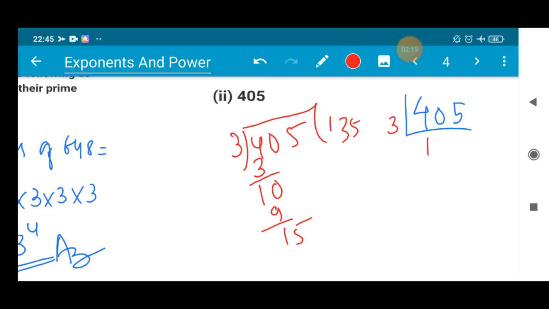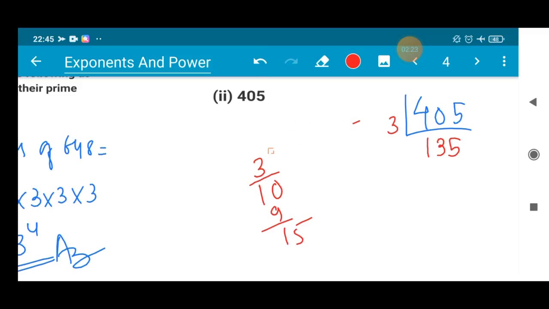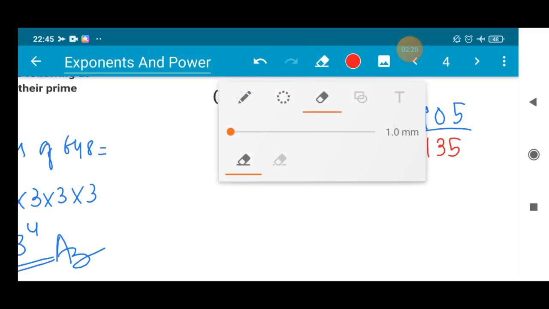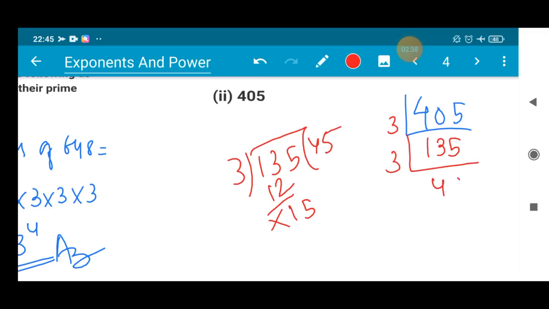So it is 3 into 135. Now the next number, again let me divide with 3 only. 3 4s are 12, 3 5s are 15. So 3 45s can be done. Now 3 15s is 45, 5 3s is 15, and 3 1s are 3.